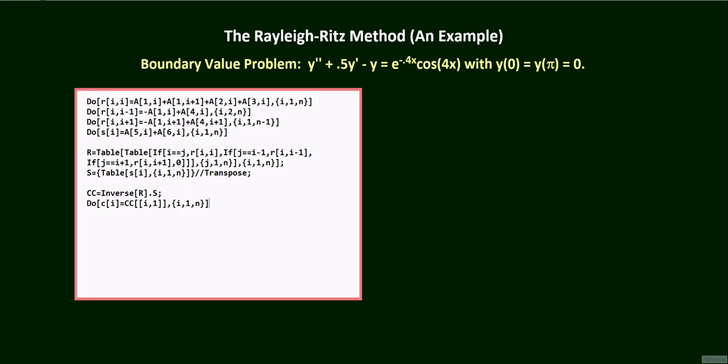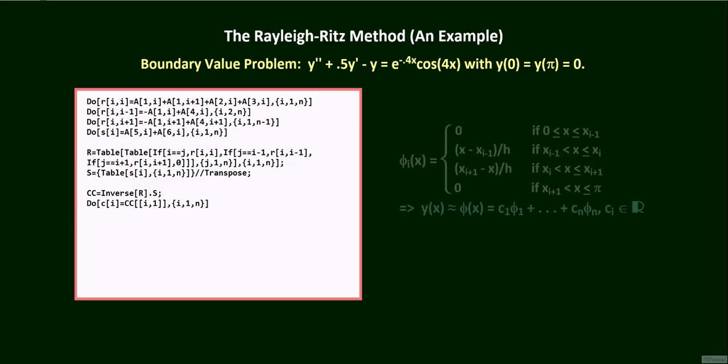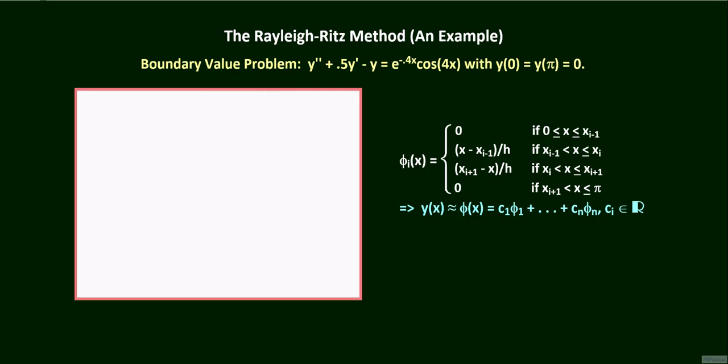We now input the tent functions. We write the ith tent function as phi[i_][x_]. This is a format that works for defining subscripted functions such as phi sub i, so that we are also defining the index i as a variable.